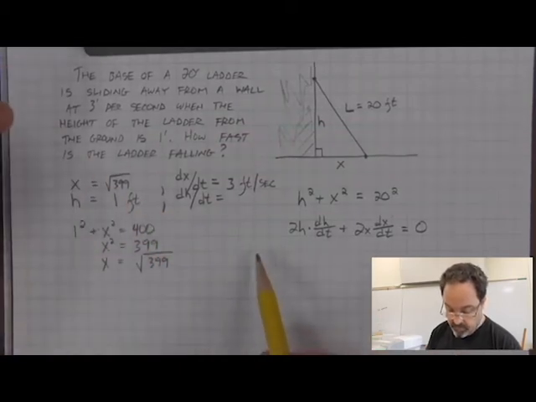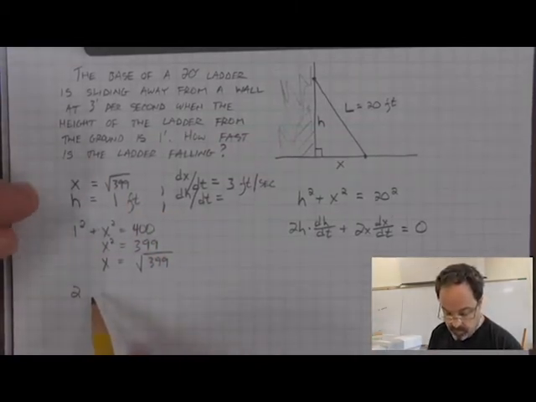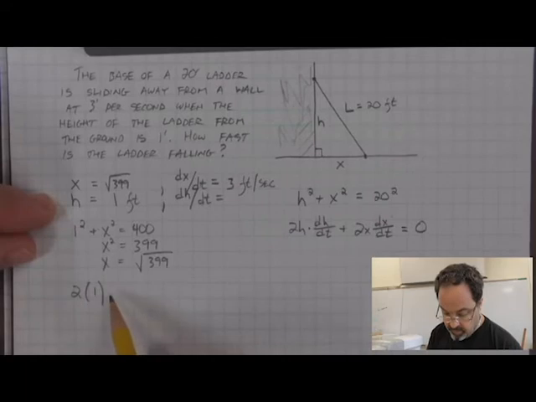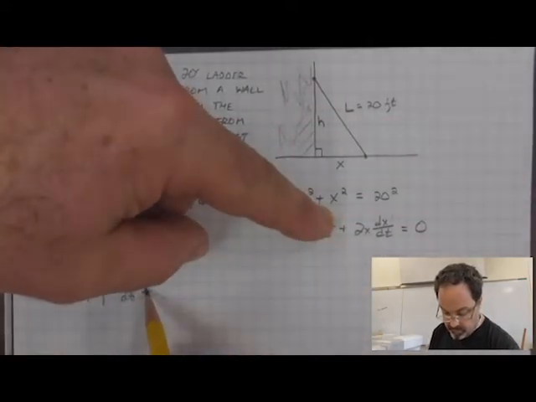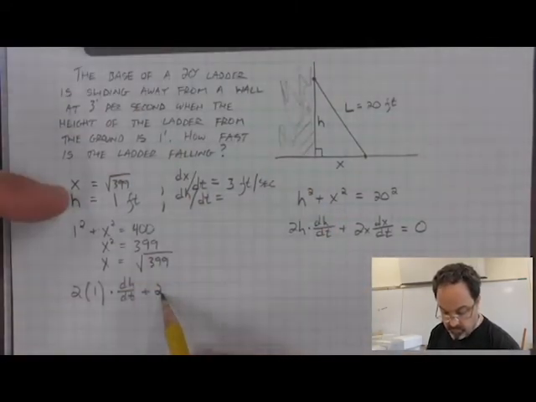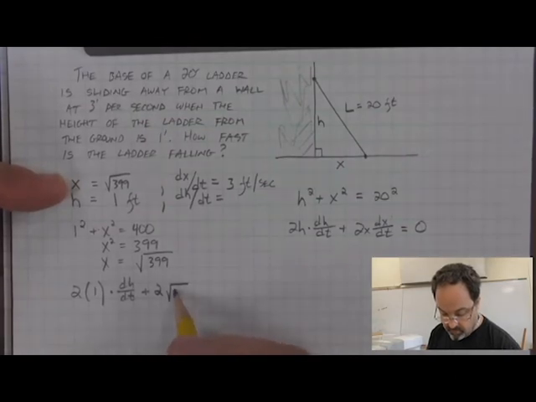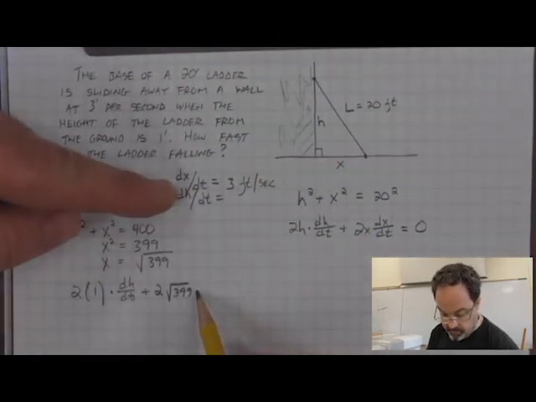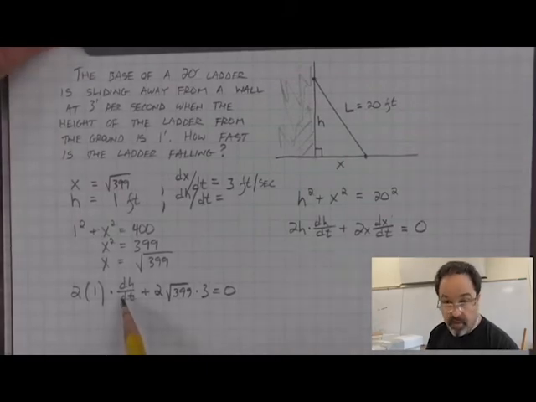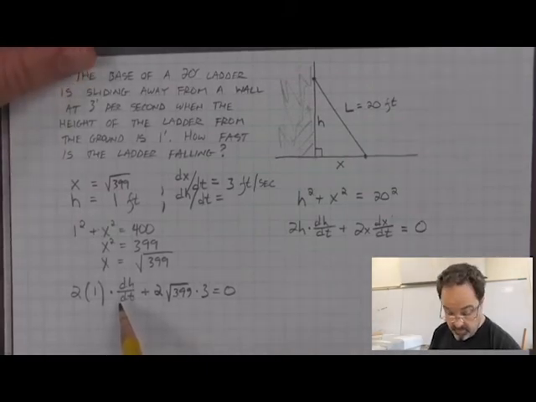If I substitute in 1 for h times dh dt plus 2, substituting in radical 399 for x, times dx dt, that will equal 0. And I can solve for my unknown dh dt.